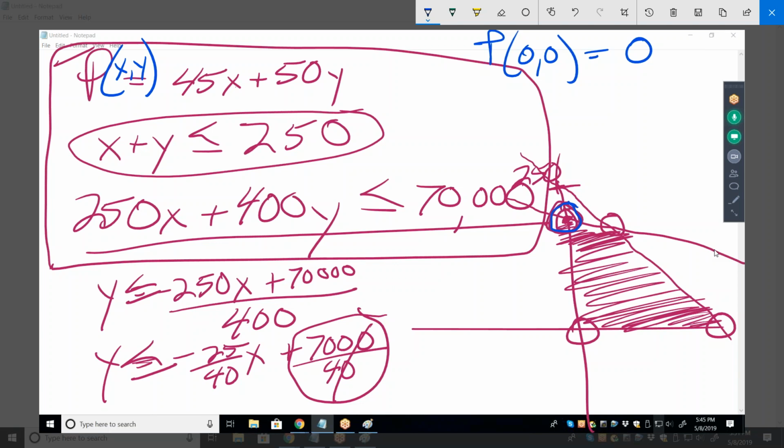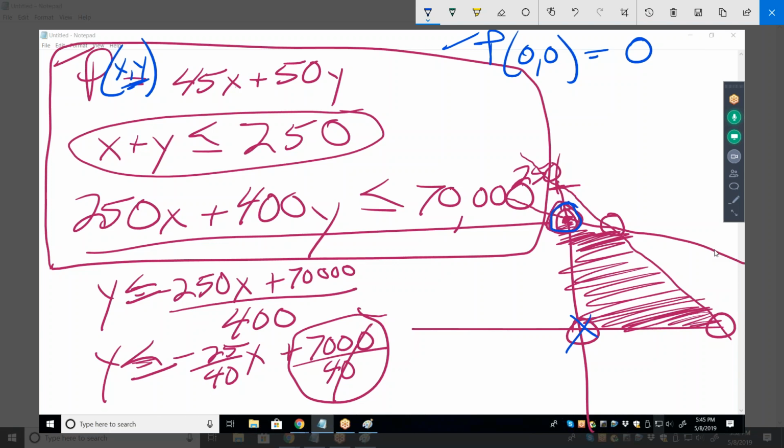If it were a function of three different variables, it would be P of x comma y comma z. But this tells you what variables you're going to find on the other side of this equation, x and y. So the profit we're going to make if we buy 0 cheap computers and 0 expensive computers is 0. So that's probably not an answer.